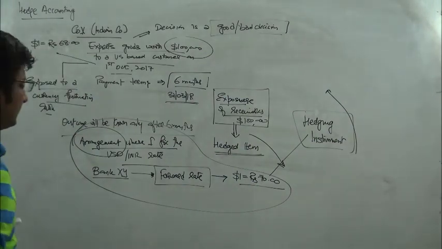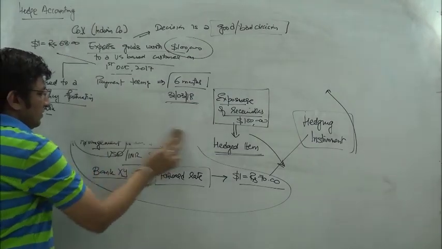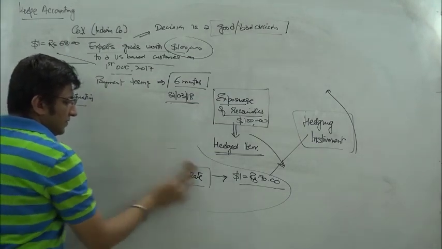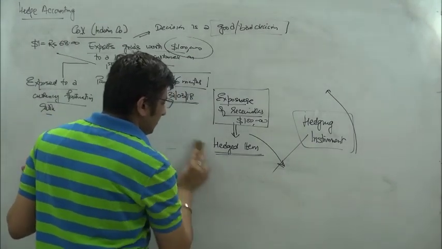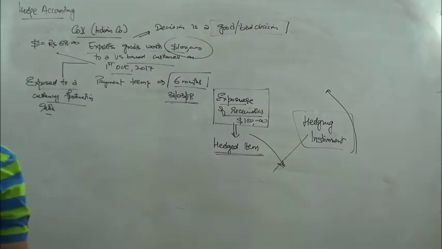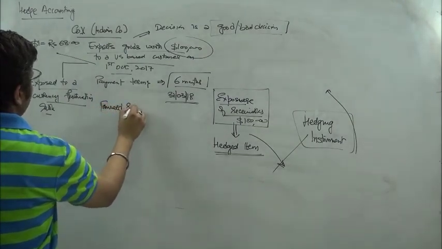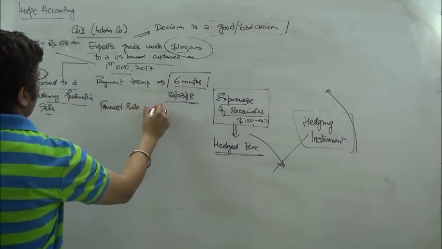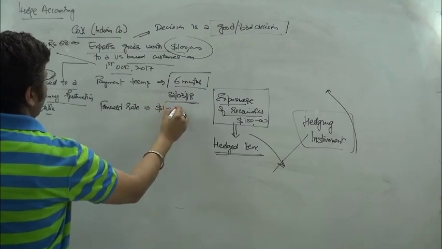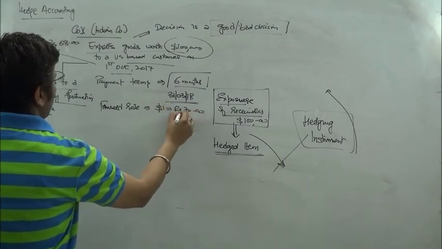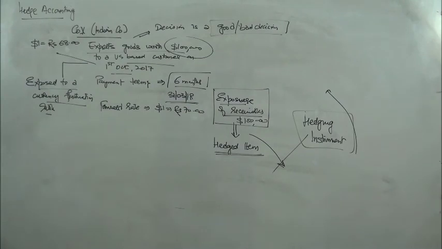What we are saying is, I'm going to use this number again. So we are saying that my forward contract is 70 rupees per dollar.